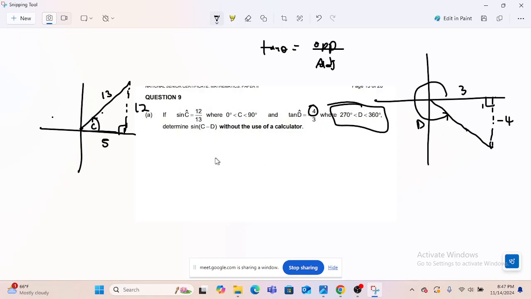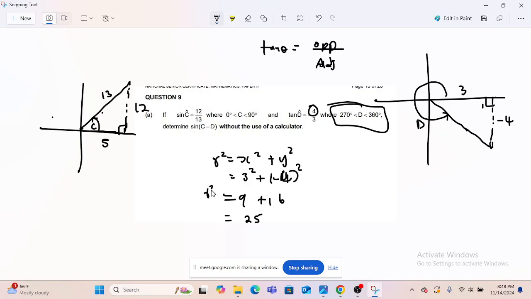So r squared is equal to x squared plus y squared, which is 3 squared plus negative 4 squared, which would be 9 plus 16. What is 9 plus 16? 9 plus 16 is 25, so r is 5 again.